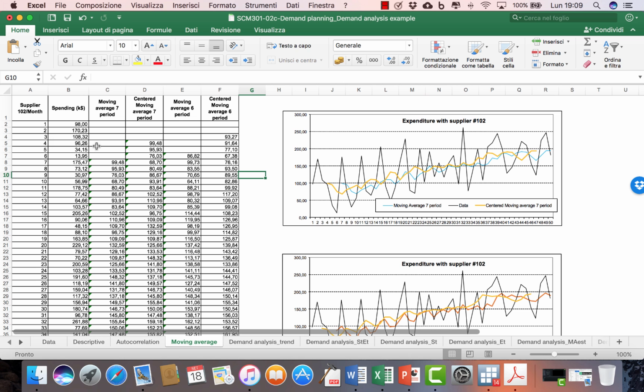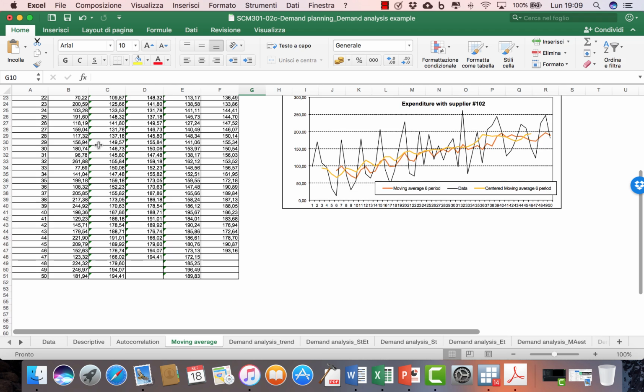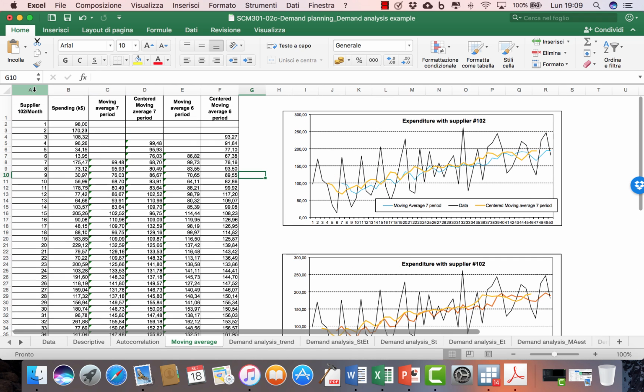Okay, let's consider our spending, the same values, supplier and spending, okay? Let's make the hypothesis that we want to calculate a simple moving average of 7 periods. It means that for every period, we want a new value that is the average of the 7 periods before.